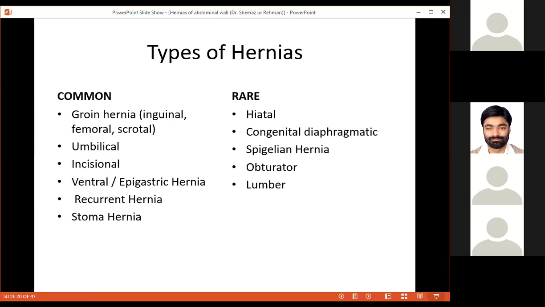And then you have umbilical hernia, which we'll discuss later on, incisional, ventral, or epigastric hernia. Recurrent hernias are also there. There is hernia formation at the site of the stoma, and there is hiatal hernia, which is a rare type, congenital diaphragmatic, Spigelian, obturator, and lumbar hernias. These are all rare types. You would see them in your clinical practice, but not very often.